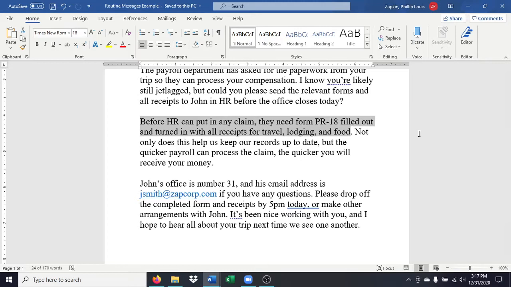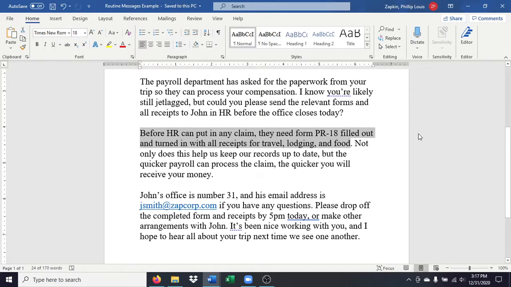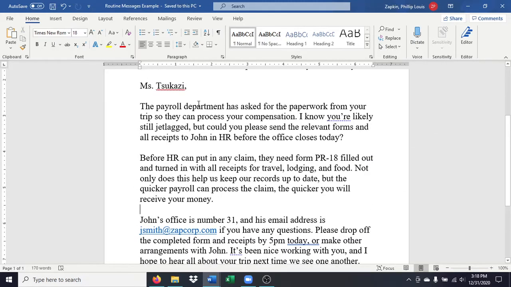So again, this is establishing additional details. In that opening paragraph, we had a reference to relevant forms and all receipts, but here we've got more concrete detail. So we now know that it's Form PR-18 and all receipts for travel, lodging, and food. So we have some more specific information about what Miss Tsukazi needs to turn in.